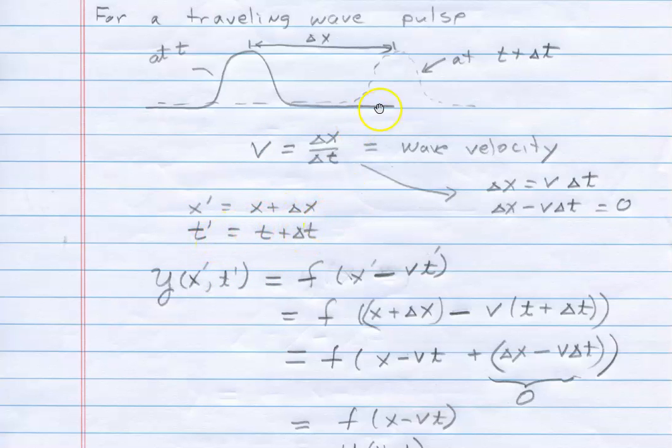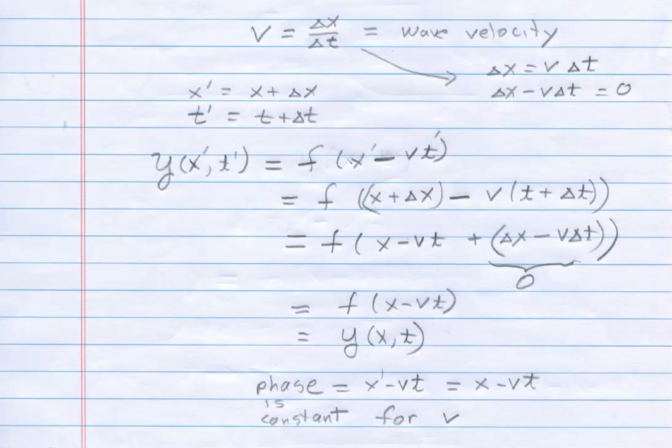T prime is at a later time, so it's the time for the original photograph plus delta t. So I substitute those in for x prime and t prime. Recollect terms. X minus vt, I keep those. And then delta x minus v delta t here. But that's just equal to 0.